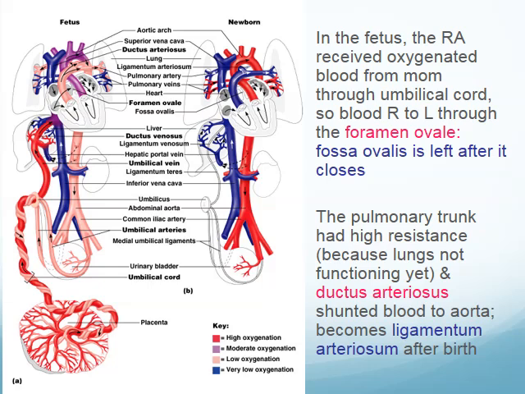The ductus arteriosus is going to shunt blood from the aorta, and it also closes off after birth, within the first few breaths of birth, and leaves what's called the ligamentum arteriosum, which is there into adulthood.